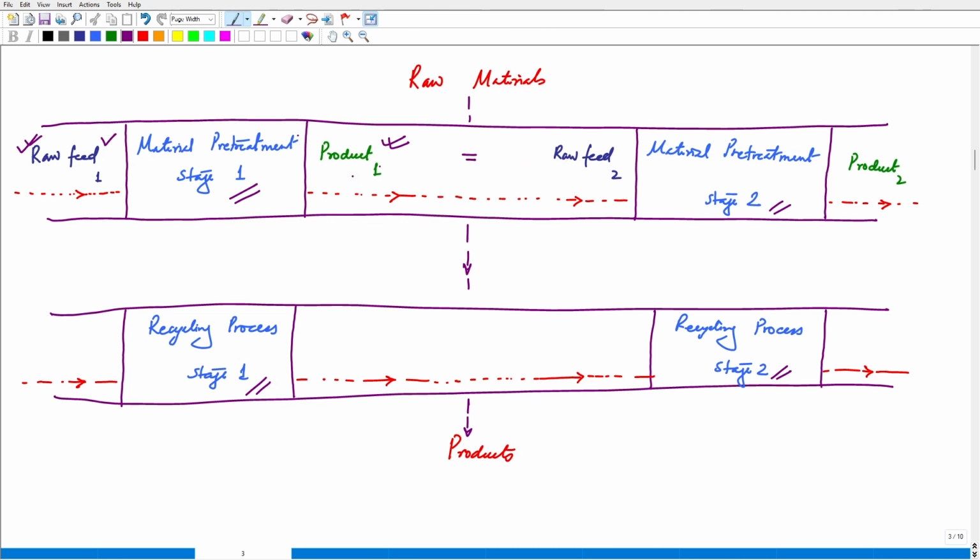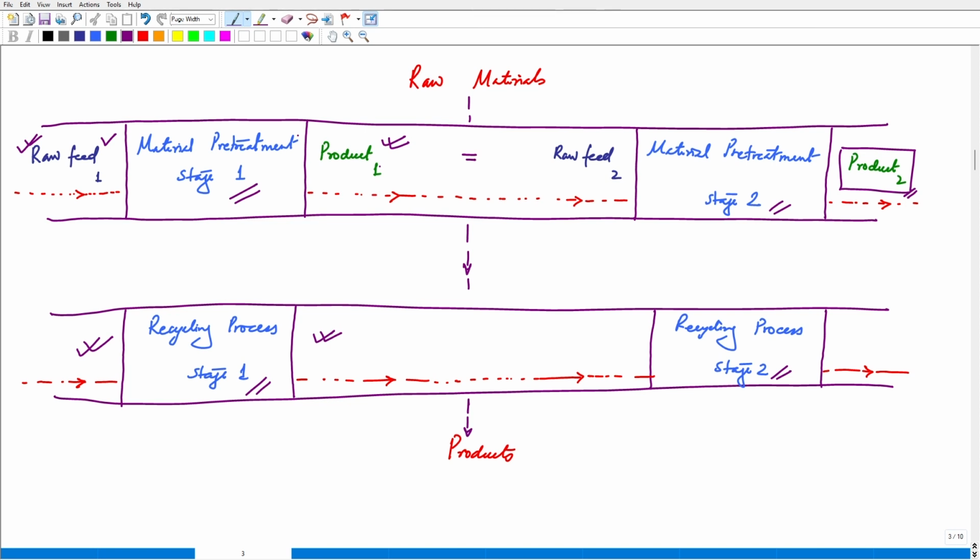Product 1 is feed 2, and this is again going to be the initial raw material for pre-treatment stage 2. What we get after this is product 2, after the pre-treatment stage 2. This product could be the raw feed of the stage 1 recycling process, which would further give us product 3, and so on and so forth.